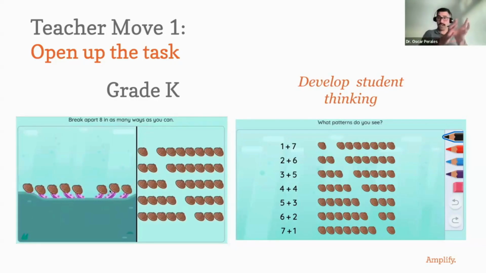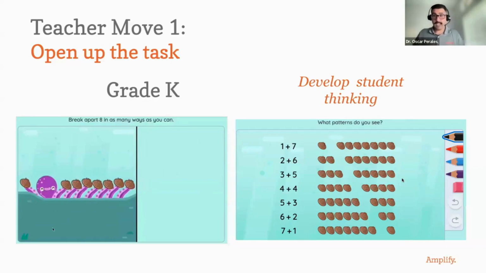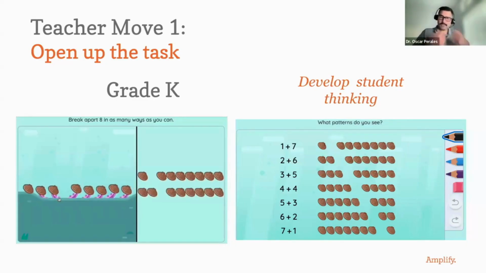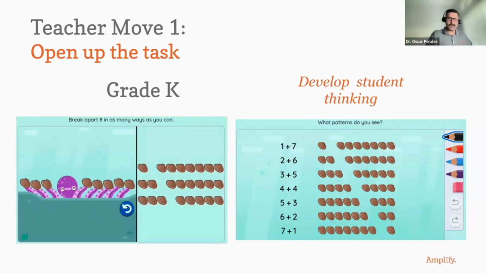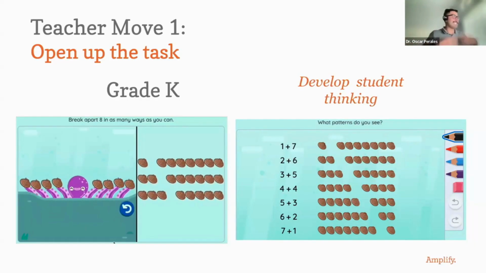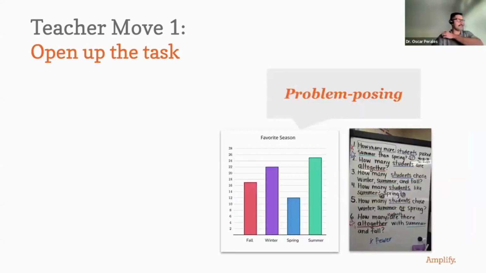So you can kind of see the progression of this activity here. We could have started with this "What patterns do you see?" screen, which is a great screen. But thinking about those previous screens, and how we're really starting to develop and build that conceptual understanding, really rooting it in students' previous experiences, if you will. So developing that student thinking is one way we can open up the task.